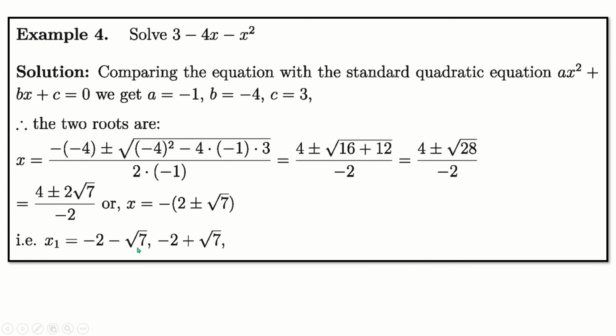Here x1 is −2 − √7, and x2 is −2 + √7. Here the square root of 7 is an irrational number, so these are also irrational numbers. Here −2 − √7 and −2 + √7 are not equal. These are real. That means when the discriminant 28 is greater than 0 and is not a perfect square number, the roots of this equation will be real, unequal and irrational. Clear everyone?